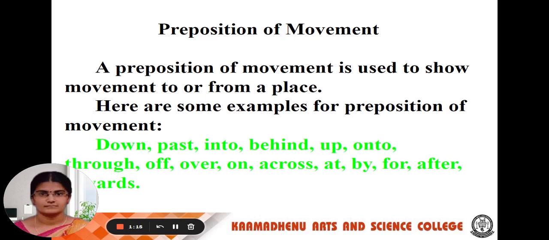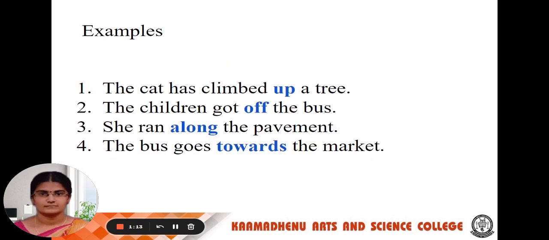These are examples. The sentence: The cat has climbed up a tree. These are the examples for prepositions of movement.